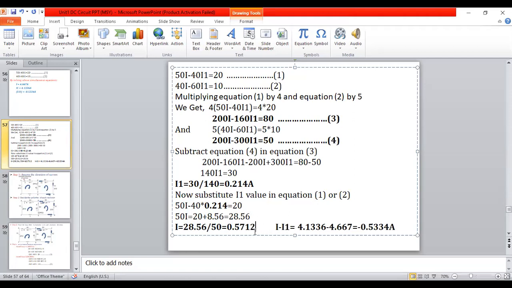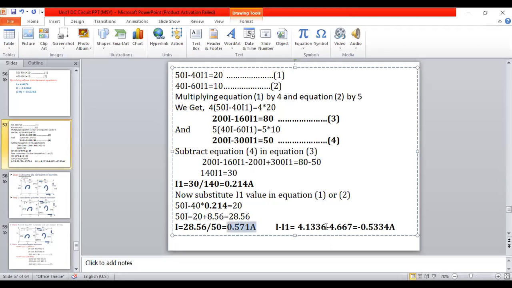So by substituting these two values, you can calculate I and I1. I equal to 0.5712, what is that value? I equal to 0.571 ampere.